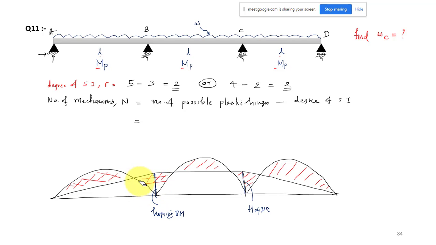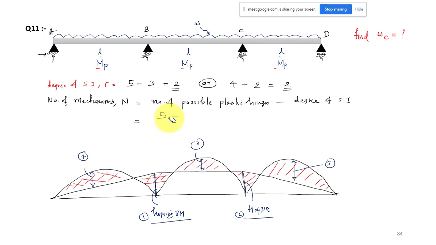Another one is somewhere in the span, not at the center, somewhere here, like a propped cantilever beam. So in this span one plastic hinge is possible, and in the mid span again a plastic hinge. This is point 1, another is point 2 hogging moment, this is sagging moment, maximum moment, so 3, and here also sagging moment 4, and here also sagging moment 5. So 5 plastic hinges are possible.